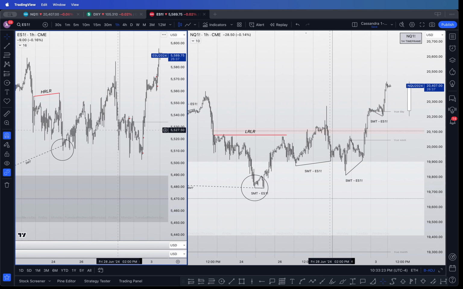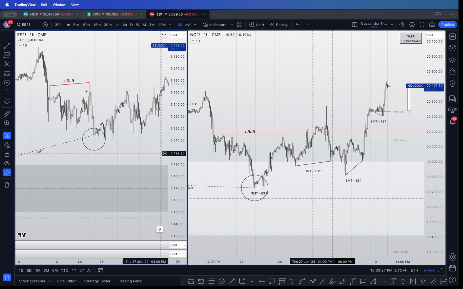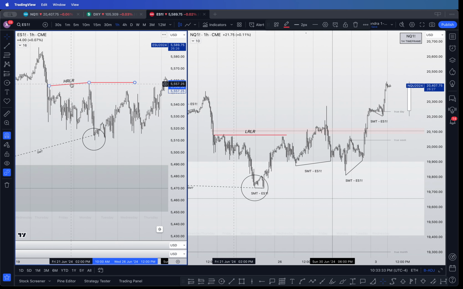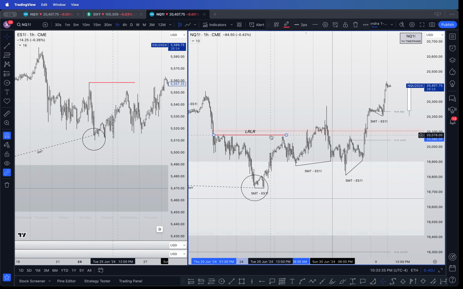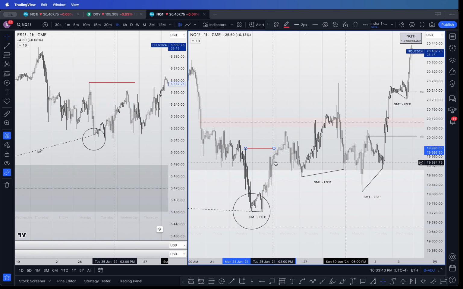But just using the rule that ES made the higher low means that if we actually look at this high, this specific high, it's actually the NASDAQ that on this day, Tuesday, has the price run into that high.